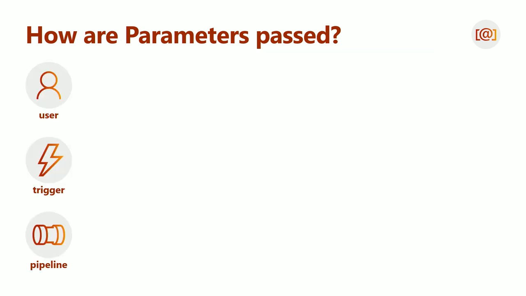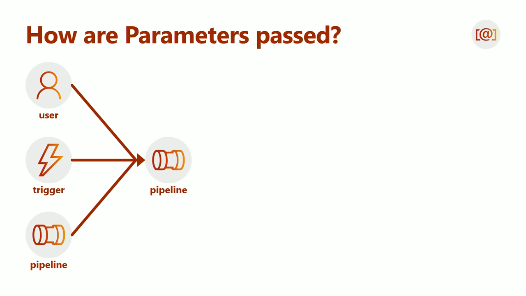So you might start with how to pass those parameters into your solution. You can do that manually as a user by typing it in the interface as you click debug or as you trigger a pipeline. You can also have them passed automatically from a trigger, or if you are creating nested pipelines, you can have pipelines calling other pipelines, so you're passing them in that direction. Those parameters are passed into the pipeline first.